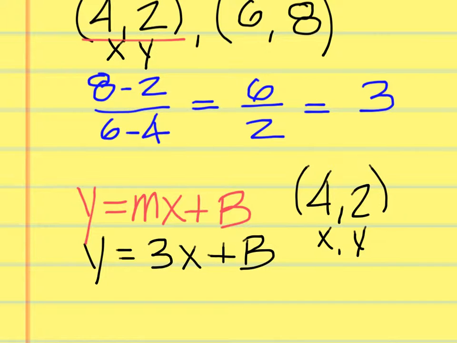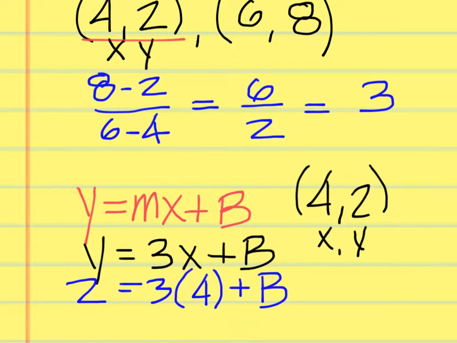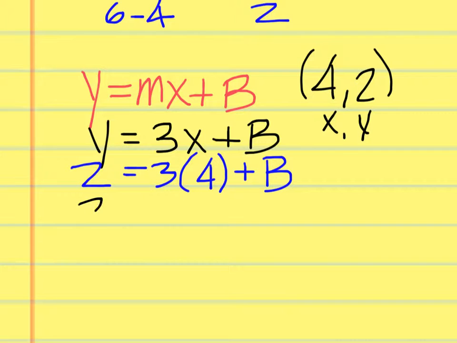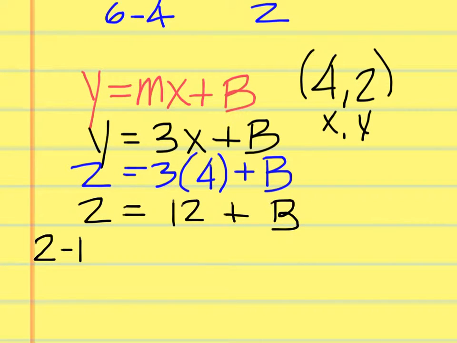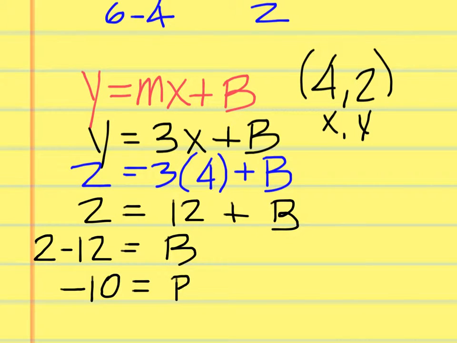So we're going to plug in 2 for y and 4 for x. And then solve for b. So 2 equals 12 plus b. Move the 12 to the left, change the sign, come up with a -10. That means that the equation is y equals 3x minus 10.